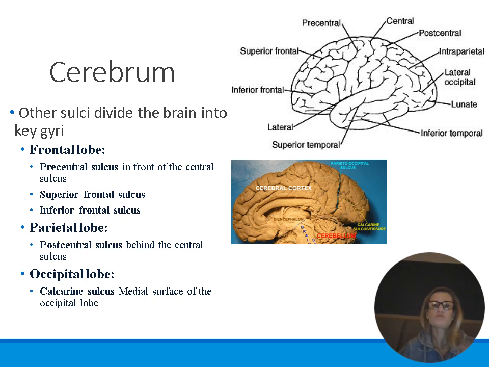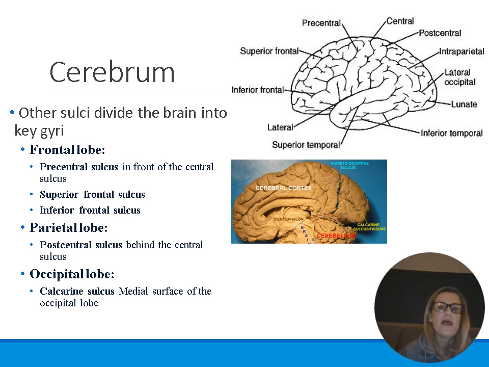So there are some other sulci, some smaller grooves, that divide the brain up into key gyri. So first we divide the brain up into lobes, and then each lobe gets further divided up into specific gyri, like specific little chunks of cortex.